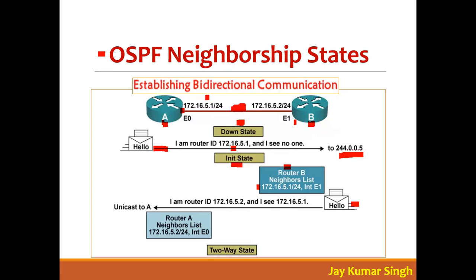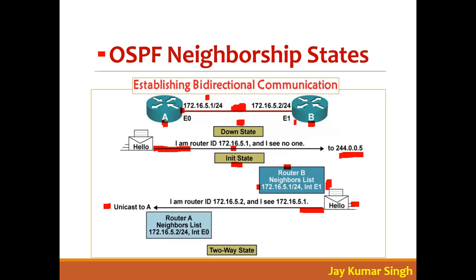And then it sends a hello message again, and it is unicast now. Why is it unicast? Because router A sent the hello message to the multicast address, router B received it, and after that added the information in its neighbor table.